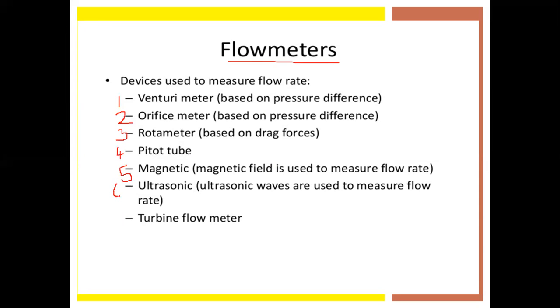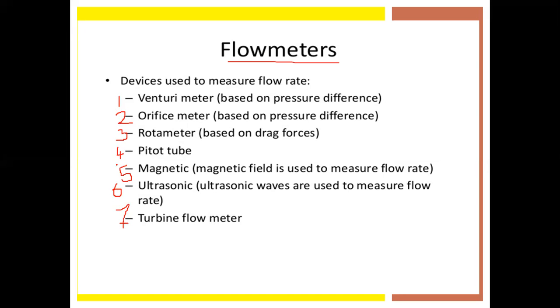Sixth one is the ultrasonic meter. Ultrasonic waves are used for this checking. Seventh one is the turbine flow meter. In the turbine flow meter, we are using a device called a turbine for checking the flow of any liquid.